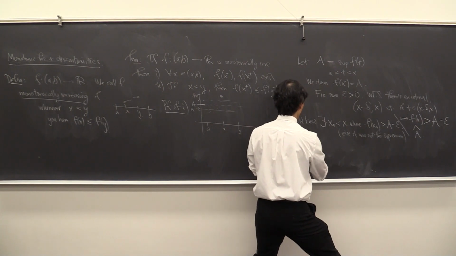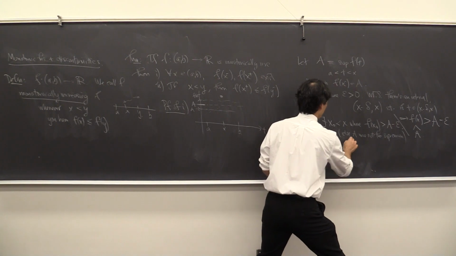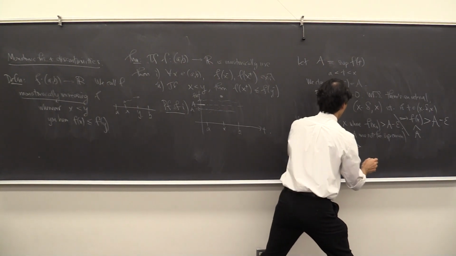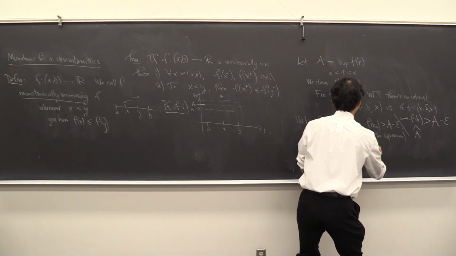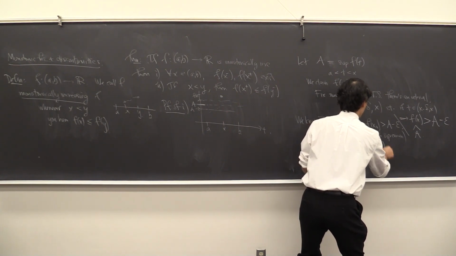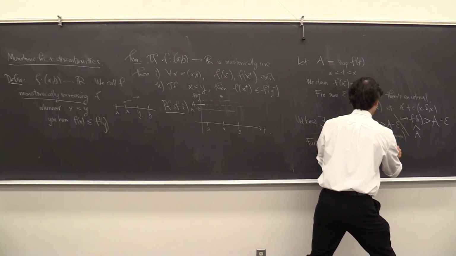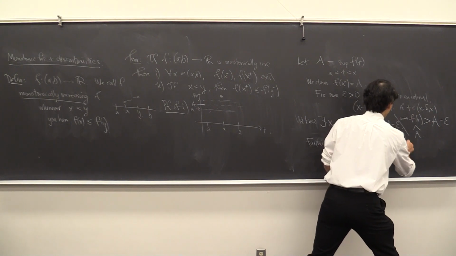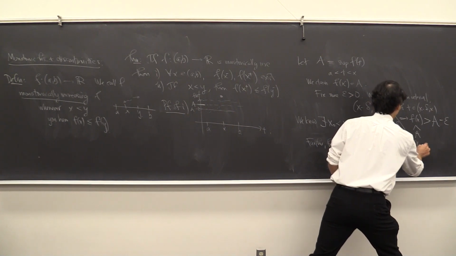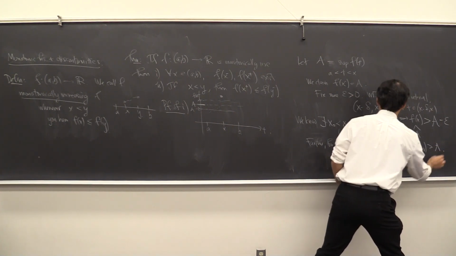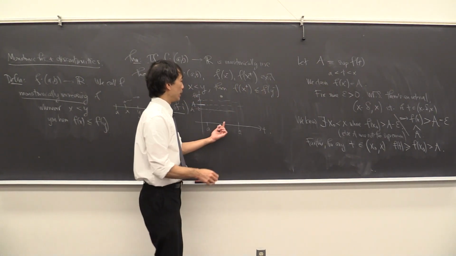So further, for any t in x naught, x, we know that f of t must be bigger than or equal to f of x naught, which is bigger than A minus epsilon.